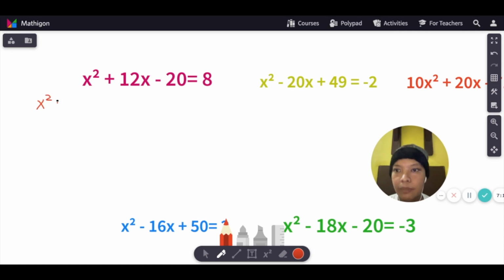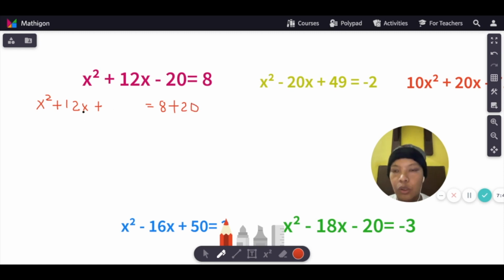So, x squared plus 12x. I-assume na po natin na positive yan. So, bablangko ko lang po yan, kasi later on, para malagyan na po natin agad. Plus, so plus po siya kasi negative 20, pag nilipat mo po sa kabila, that is positive 20.